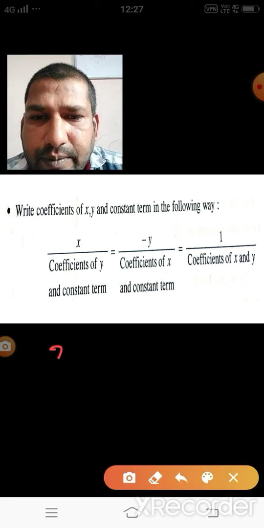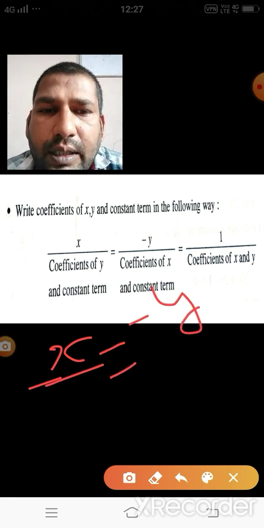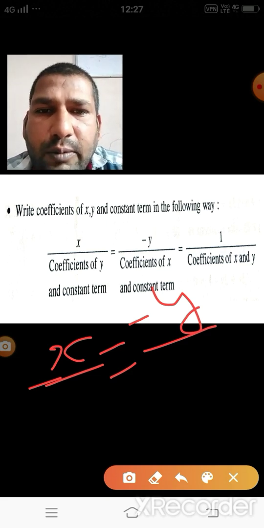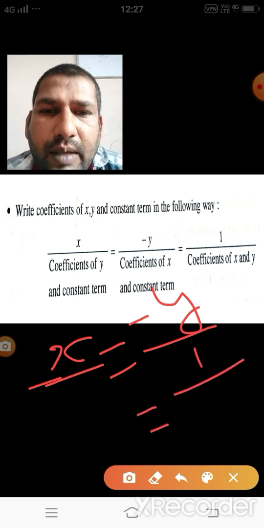Then we write x upon, is equal to minus y upon, is equal to 1 upon. In the NCERT book we get plus y, but here I am taking minus y; I will explain why.